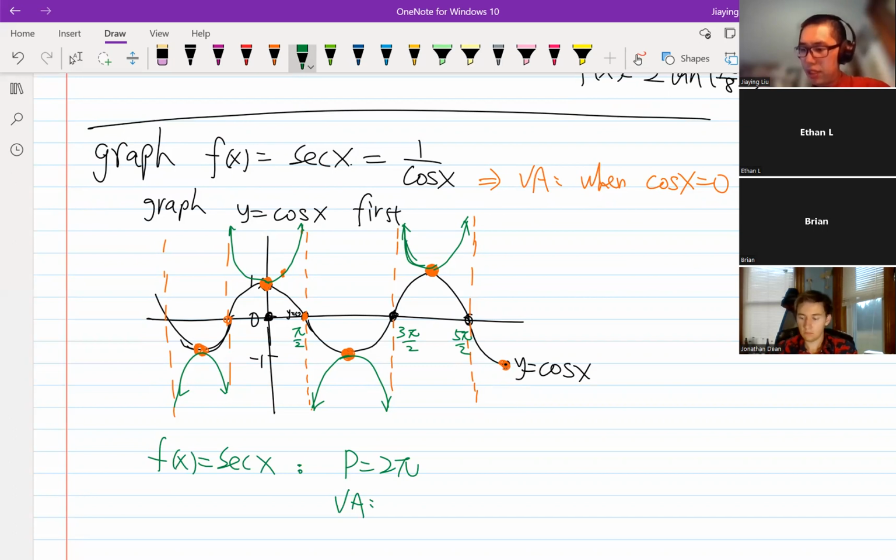the period over 4 times k, where k is an odd integer.